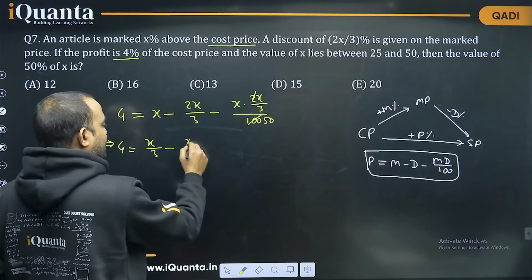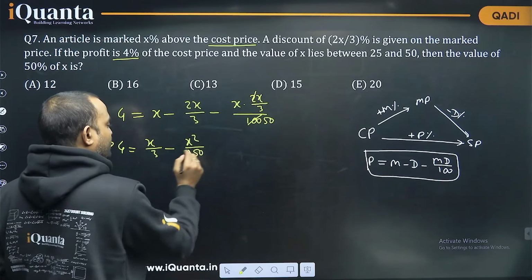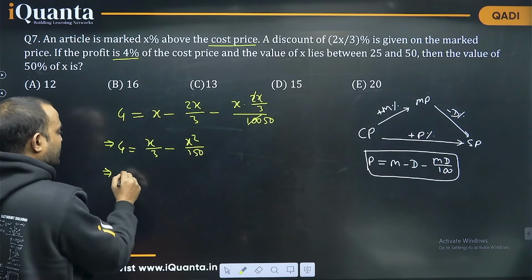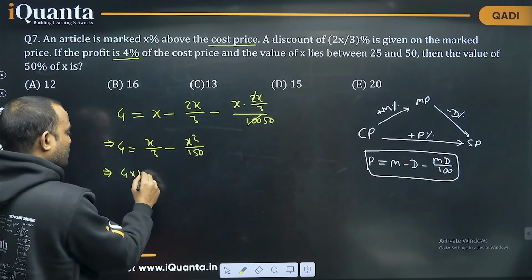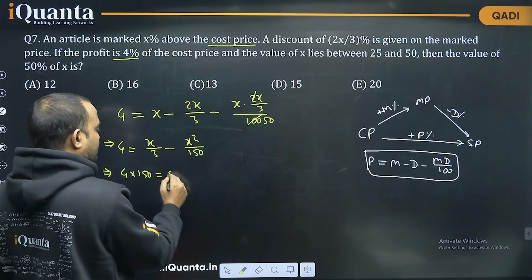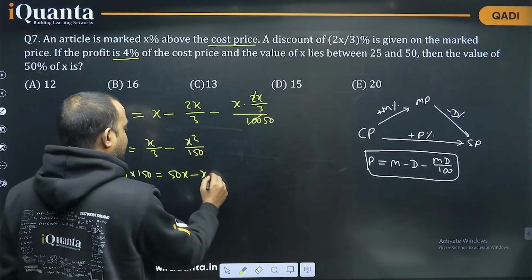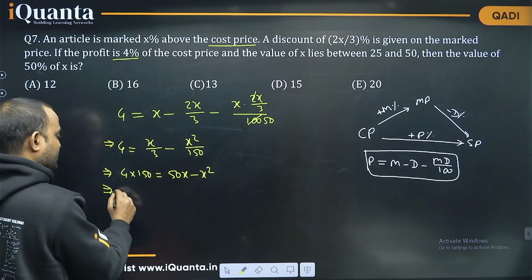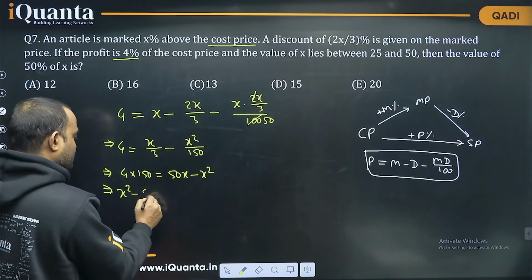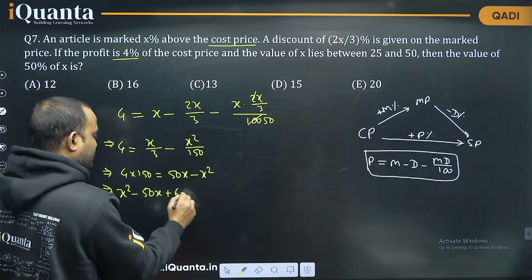So we are getting x square upon 150, or we can write 4 into 150 is equal to, this will be 50x minus x square, or take everything one side, it will be x square minus 50x plus 600 is equal to 0.